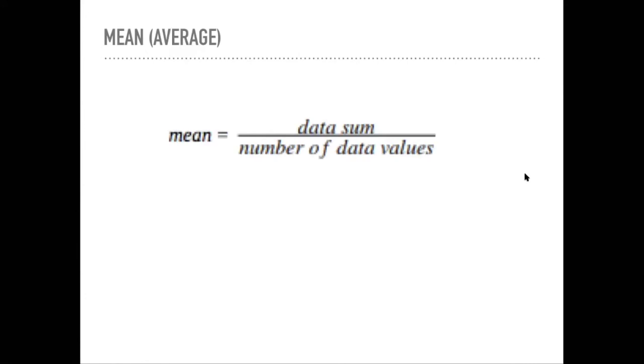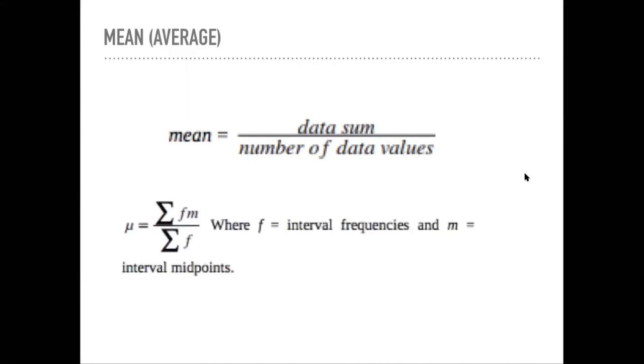We can also find the mean or your average if we're looking at a grouped frequency distribution table. It's not going to be exact, but it'll be a nice approximation of it. So what we have here is mu, the mean, and you'll see Greek symbols throughout the semester. This symbol here is mu. It's a Greek letter, and it stands for the mean.